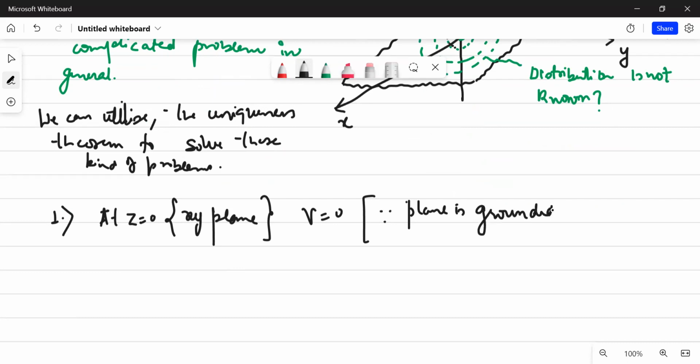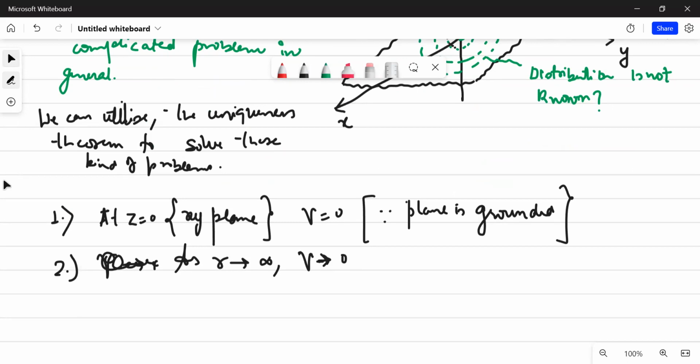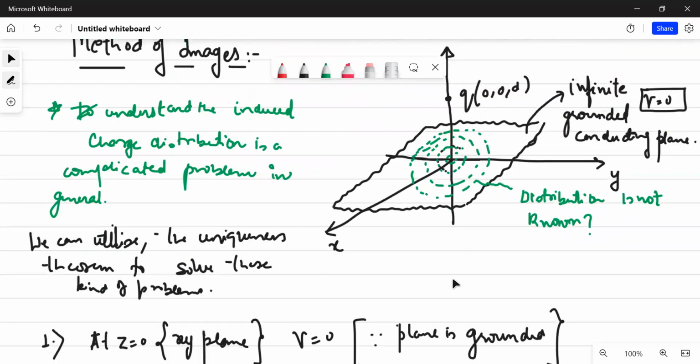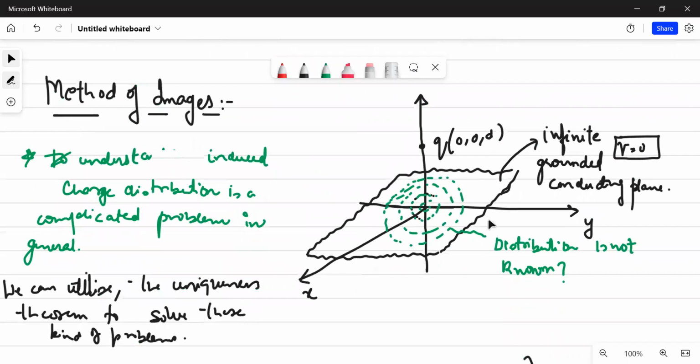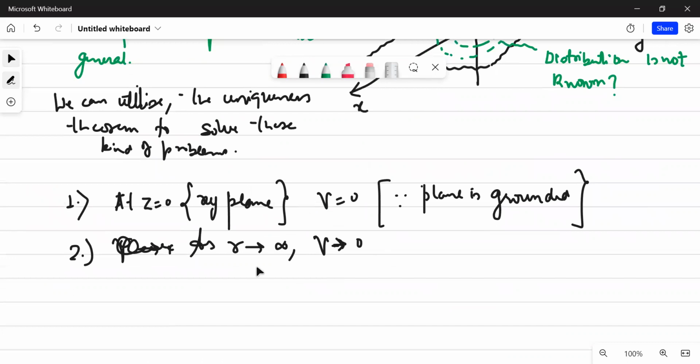The second condition is that as r tends to infinity, your potential must tend towards 0. These two conditions one can instantly take, because as we go as far as possible towards infinity, V should tend to 0 as r tends to infinity. Is that clear?